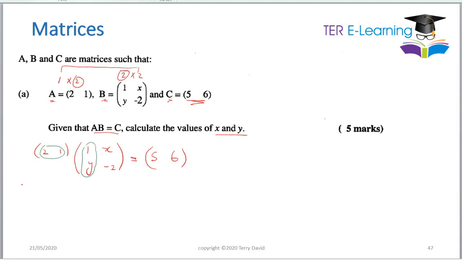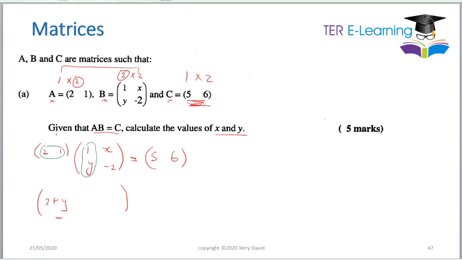So 2 by 1 gives me 2 plus 1 by y gives me y. So that's my first number in this matrix, because we know the final answer has to be a 1 by 2 matrix. So the matrix must look like this. This is the first number in that matrix.